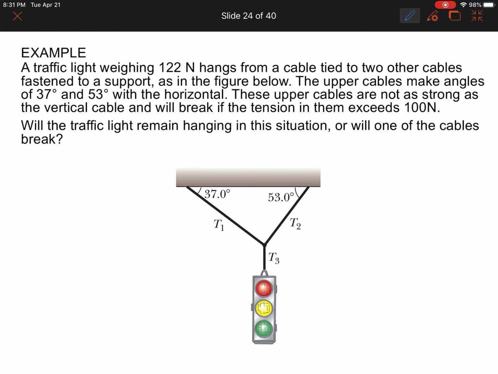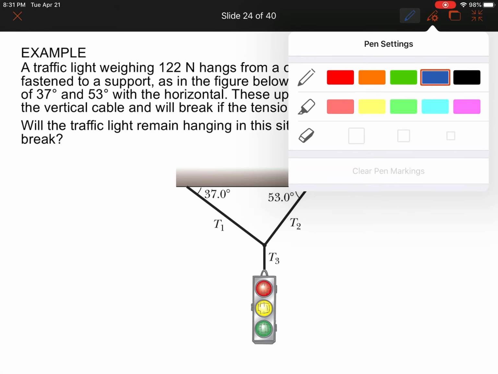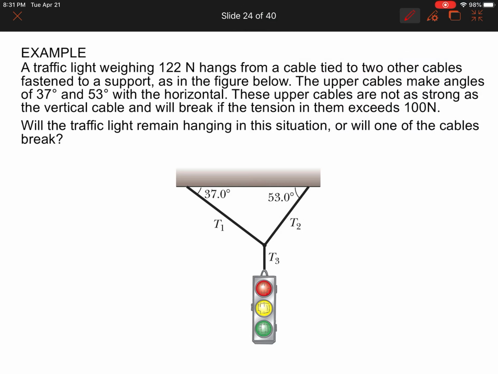First of all, we know that we have tension 2 and tension 1, both at an angle, so it is possible for us to draw an x-axis like this, and it's also possible to draw a y-axis based on the coordinate system.